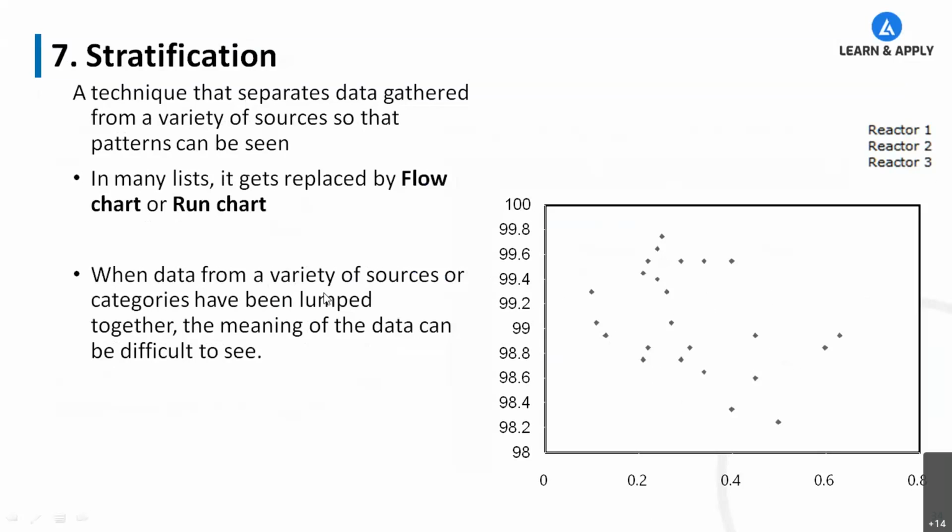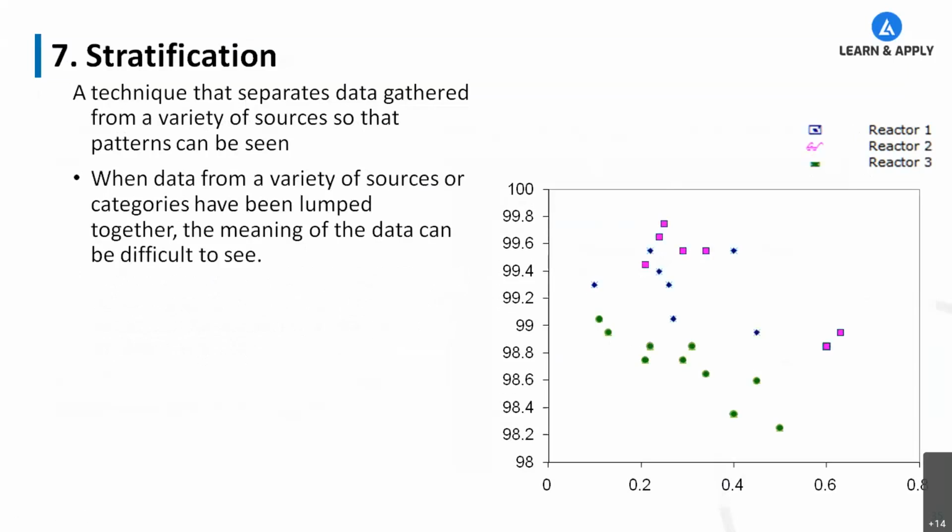If the data comes from multiple sources, like this, with data from 3 reactors lumped together and analyzed at the same time, it is very difficult to draw any conclusion, and for that stratification is used. So what is stratification? Let's see in the next diagram. This is the stratification you can see on the screen.